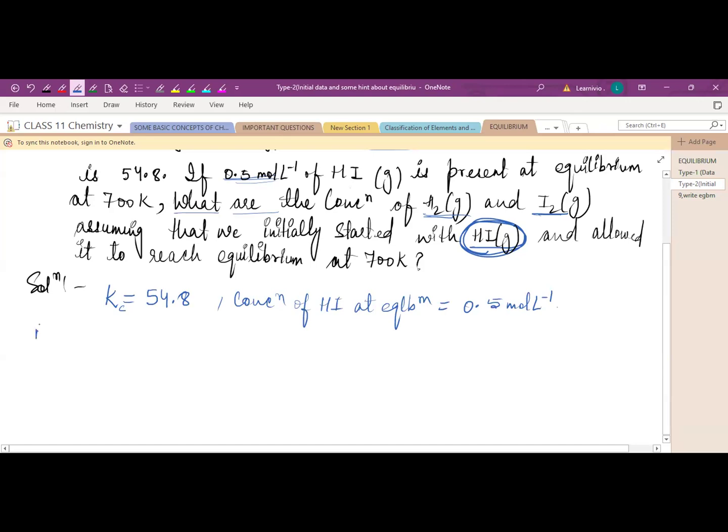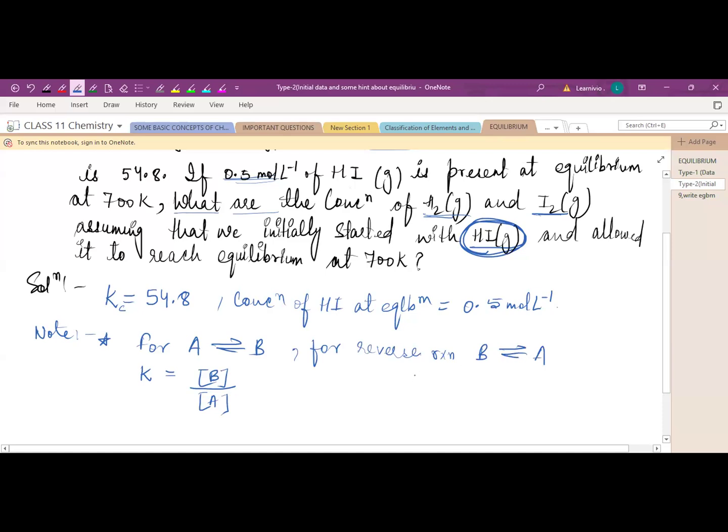Now just note this down. Suppose we have a reaction where A is changing into B, a forward reaction. How can we write the expression for K? K will be equal to the concentration of your product, B, upon the concentration of A. Now suppose you reverse this reaction: B changes to A. That will be the reverse reaction.